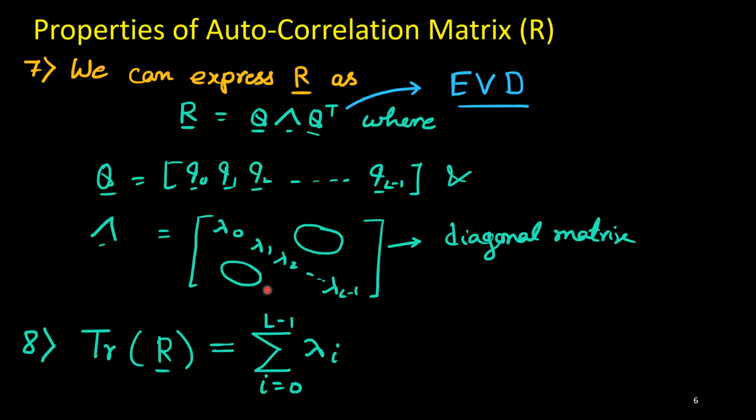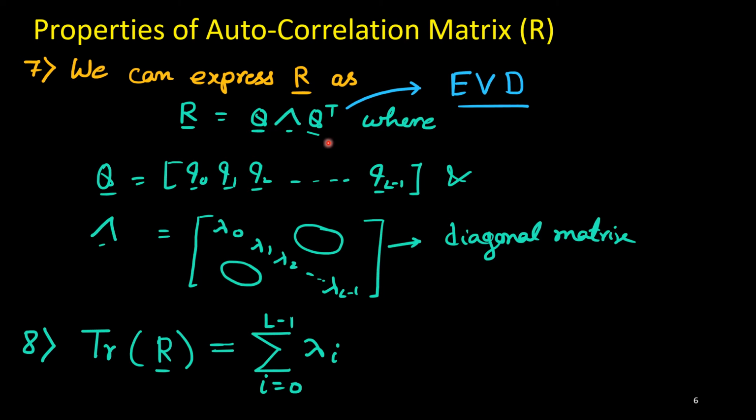This lambda 0, lambda 1, lambda 2 up to lambda L-1, these are in the diagonal. Now the off diagonals are all zeros. This is your capital lambda. And Q transpose is the transpose of Q. So R is basically the product of these three matrices: Q, capital lambda, and Q transpose.